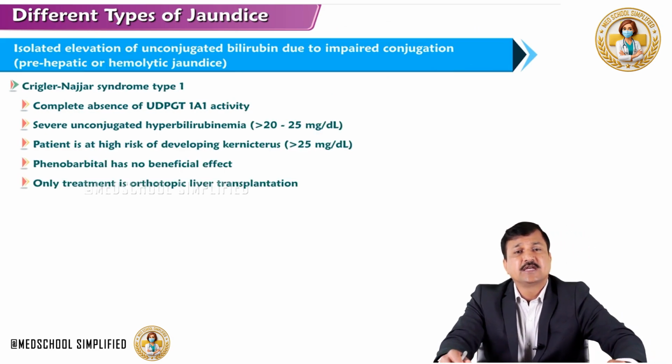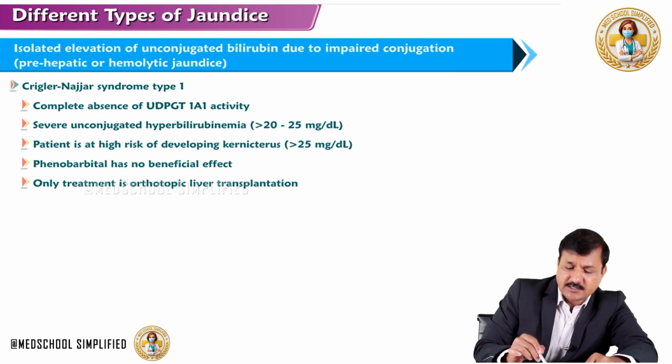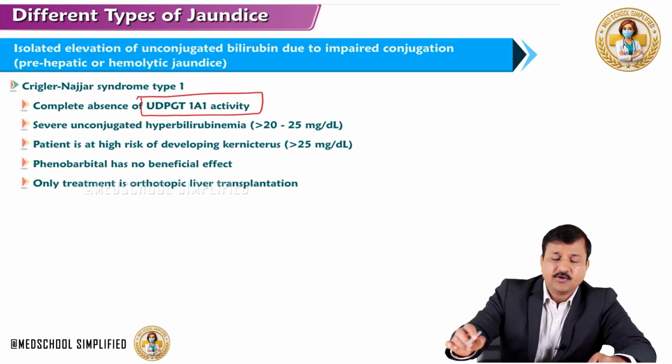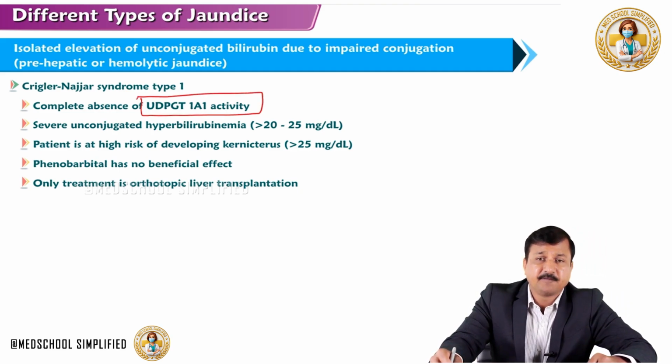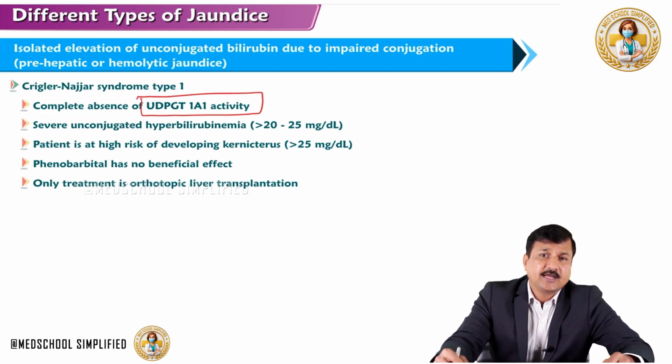The first one is Crigler-Najjar syndrome type 1. It is because of complete absence of UDP-GT1A1 enzyme, that means no enzyme activity is found here. This is the conjugating enzyme in the liver.